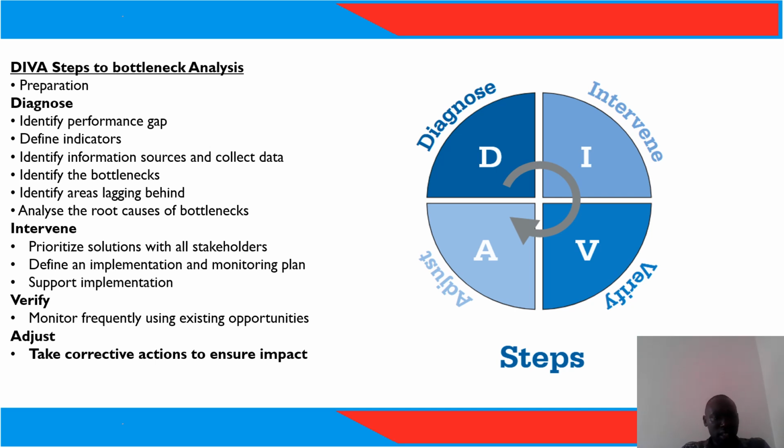Is there progress? Is the bottleneck still ongoing? So you need to be upstairs. Verification is looking at authenticity and seeing whether these things are real and going on in order. Then the last one is adjust, whereby you take corrective actions to ensure the impact is there.